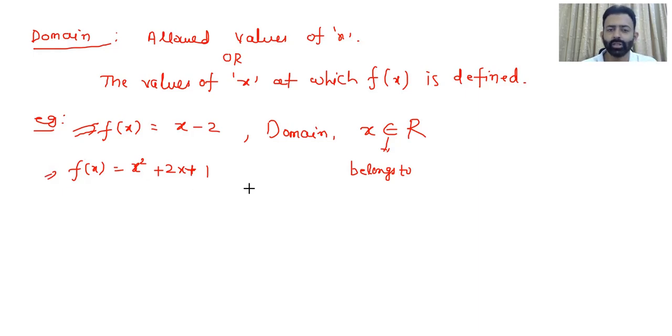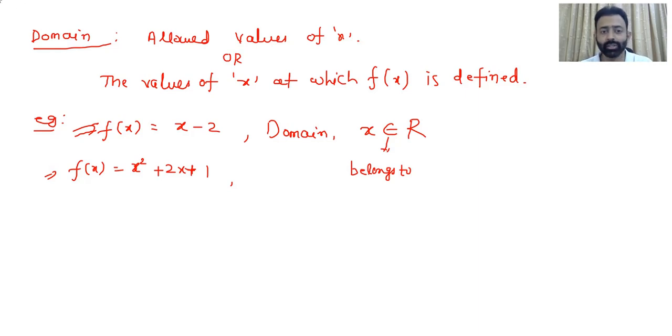So this is a quadratic function, and again in this case you will find for each and every value of x a unique value of y. You cannot find from minus infinity till plus infinity any value of x at which the function is not defined. Why can I say this?